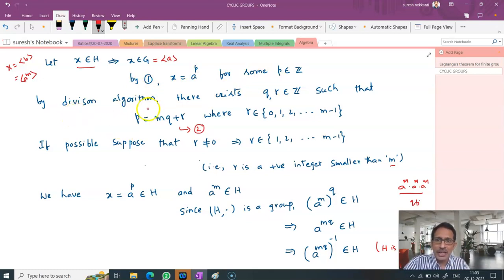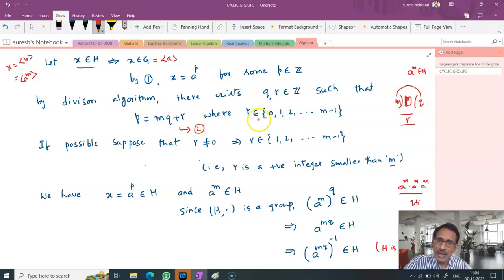Now, by division algorithm, you divide this P with M. What is M? M is the least positive integer such that A power M belongs to H. Suppose it divides Q times and the remainder is R. Then by division algorithm, divisor into quotient plus remainder is equal to the dividend. So P is equal to MQ plus R.